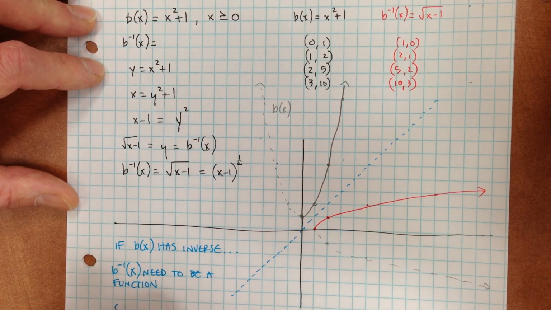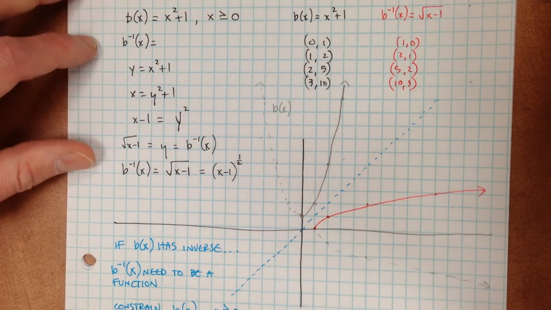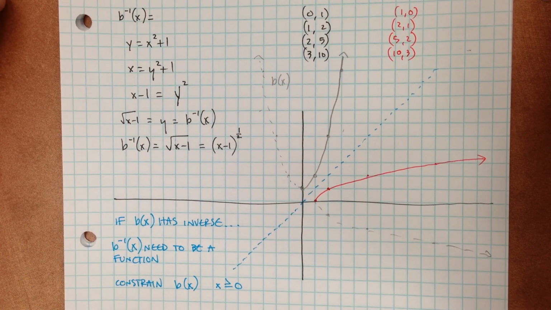So we constrain b of x to just have x values that are greater than or equal to 0 for this particular graph, because that is our direction change, the vertex right there where it switches directions. I hope that makes sense.